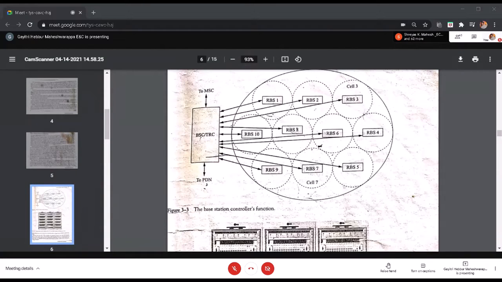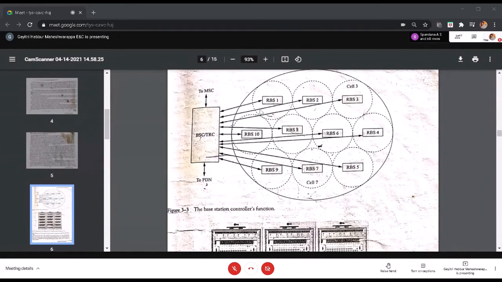So many radio base stations are connected to a single BSC. The BSC will decide what the output power of each radio base station should be, what the handoff threshold values are, and what logical name can be given to the radio base station for global identification. All those things will be decided by this BSC, and if possible, they can be changed as needed.